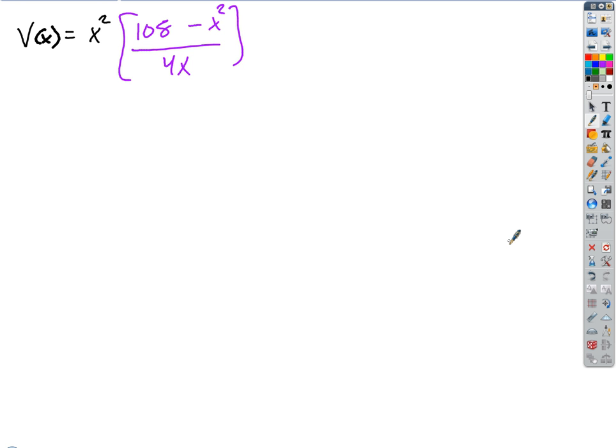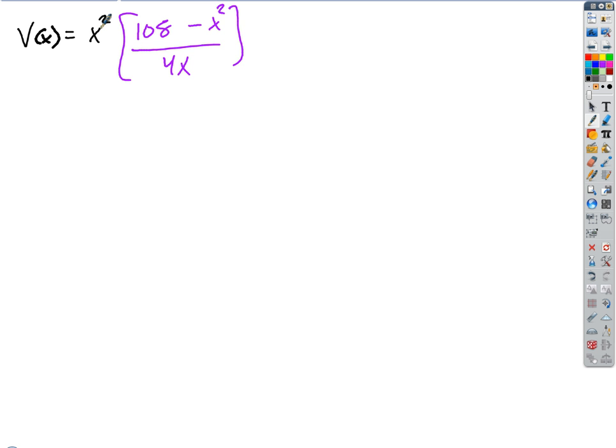Now look at this also. I've got two factors on the top, x squared times 108 minus x squared. I've got a 4x on the bottom. So I can cancel like factors, can't I? Because this x squared is being multiplied by this stuff, I can cancel out an x top and bottom. Does that make sense?